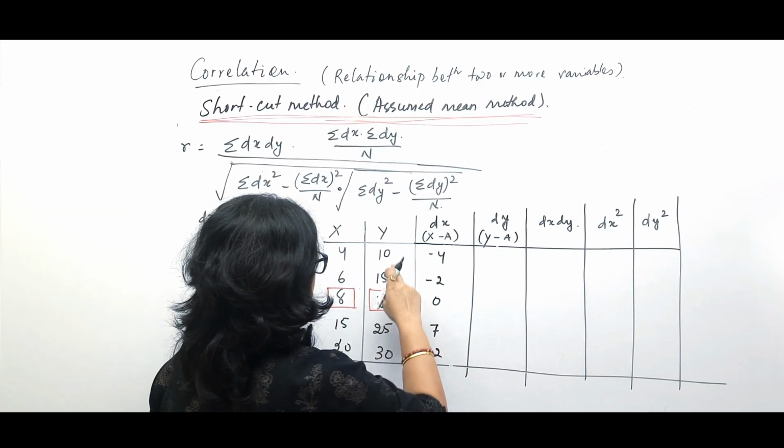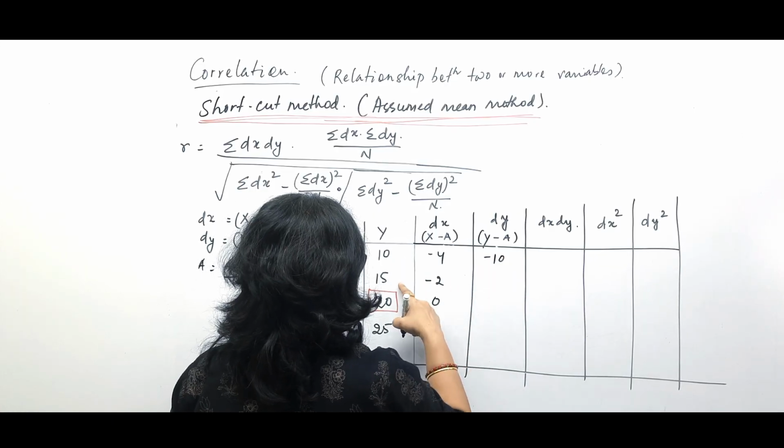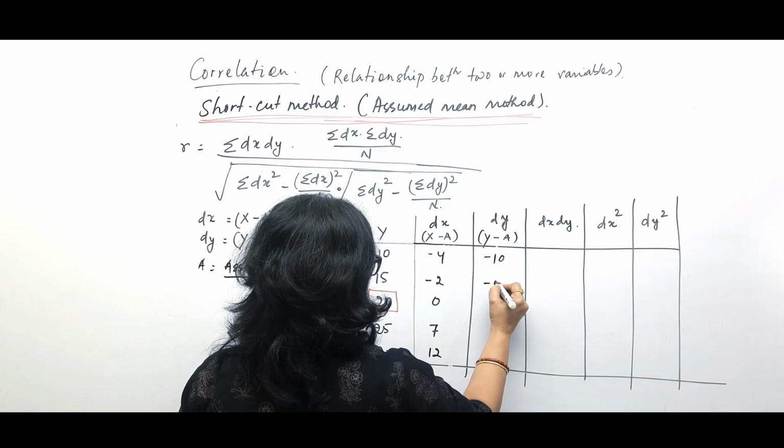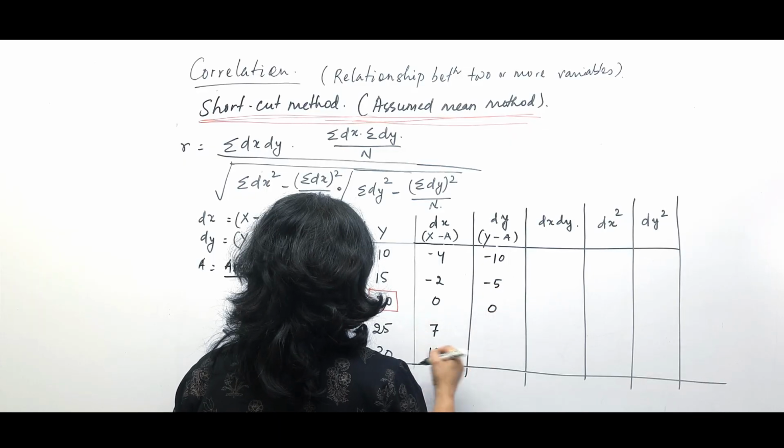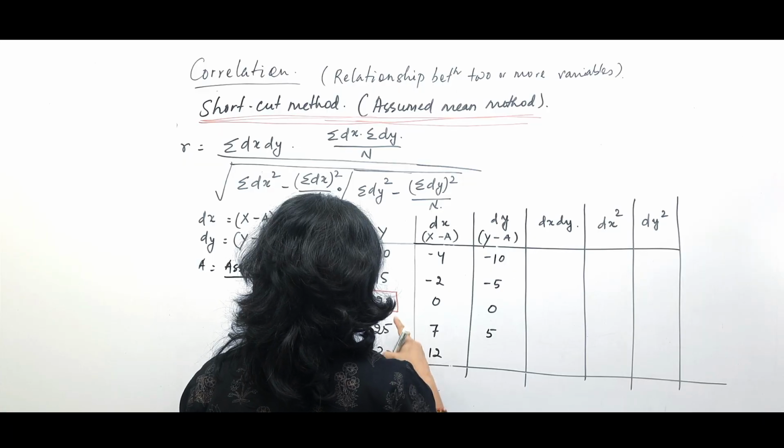In the same way for y, 10 minus 20 is minus 10, 15 minus 20 is minus 5, 20 minus 20 is 0, 25 minus 20 is 5, and 30 minus 20 is 10.